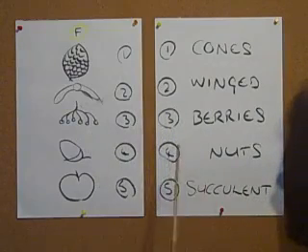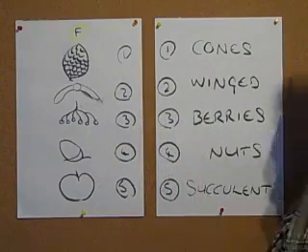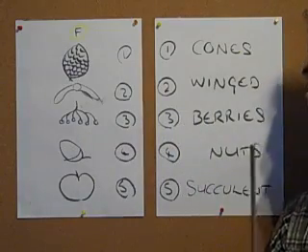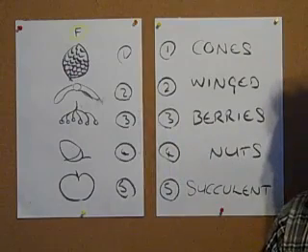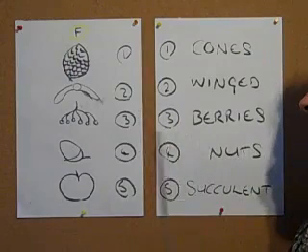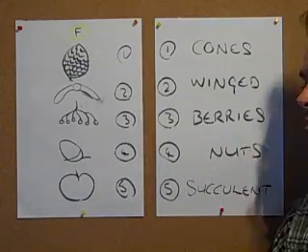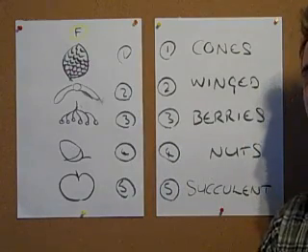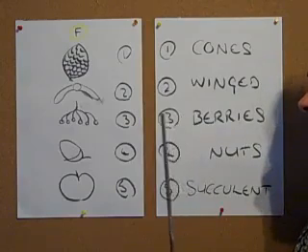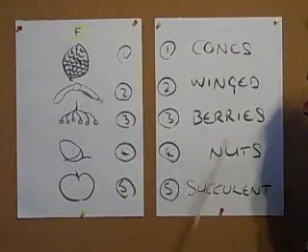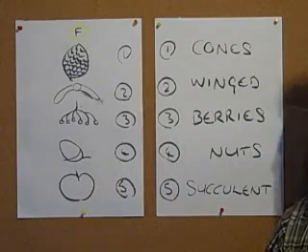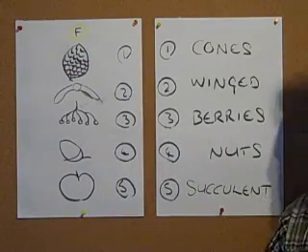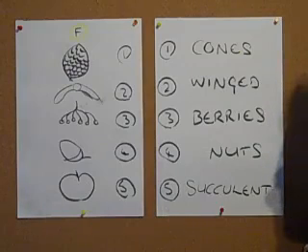The next 3 we have are the berries, nuts and succulents. They tend to advertise themselves to animals for their dispersal. Initially we have berries, which tend to be quite small and primarily used by birds for dispersal. Next we have the nuts, for instance the acorn or the beech nuts, which will often fall to the ground, so you will find them on the forest floor.